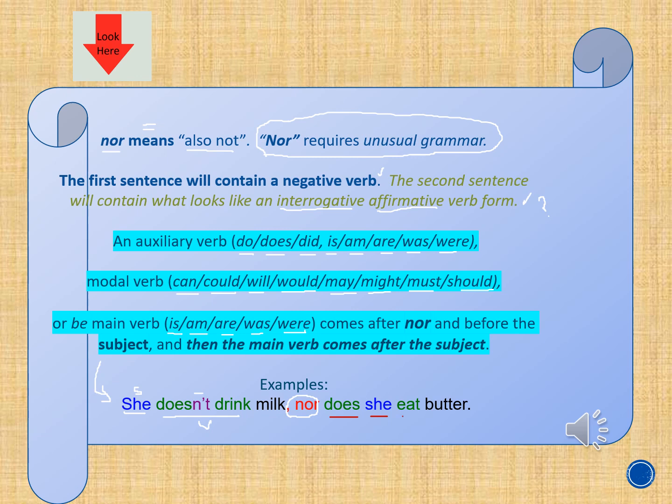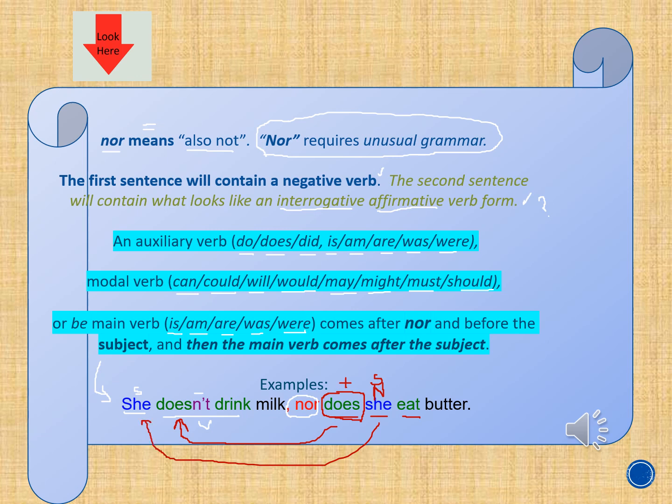I need to use the word does, because the first one has doesn't. So that's going to be your guide. If I use doesn't, you're going to change the second part, the second clause, into does. And after does, you're going to go back to your independent clause and look at your subject, which is she. So after that, you're going to write she.